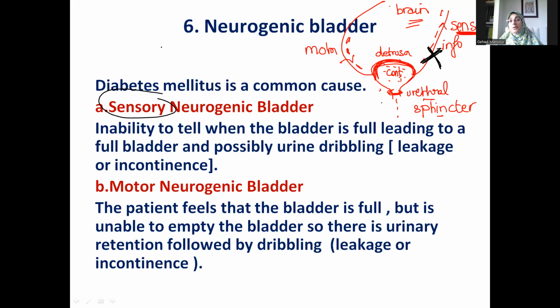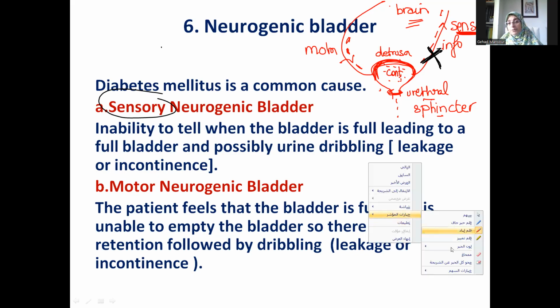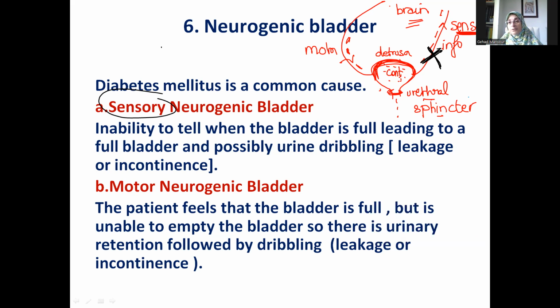On the other hand, in the motor neurogenic bladder, what happens is the opposite, meaning that the sensory nerve is okay and the patient feels the desire to micturate, but he cannot do anything about it because his motor nerve is damaged or is not working. Therefore, although the patient feels the desire to micturate, he cannot evacuate the bladder.